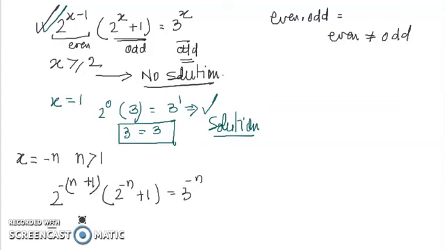Then we can write it as 1 by 2^(n plus 1) times (1 by 2^n plus 1) is equal to 1 by 3^n.